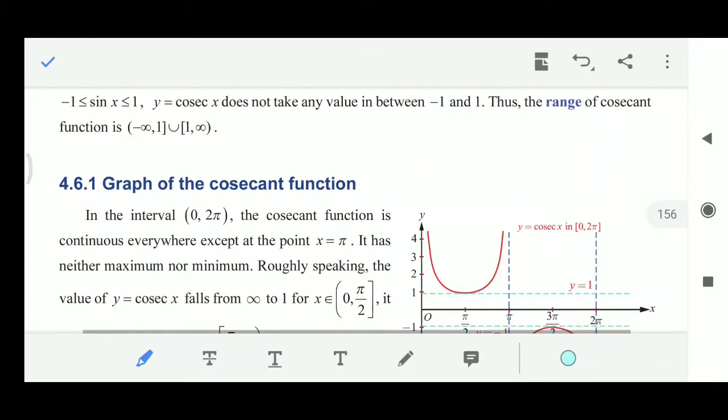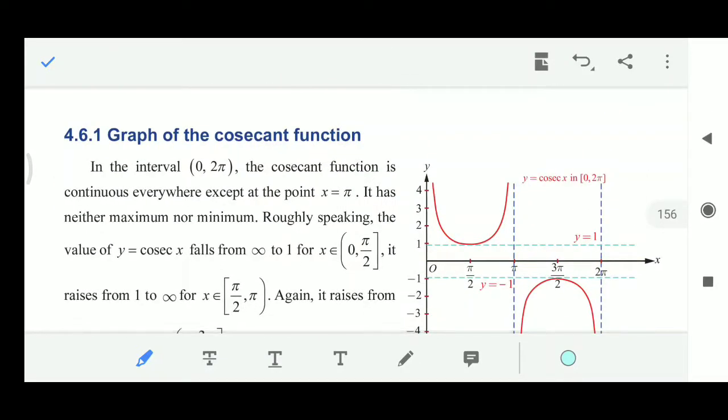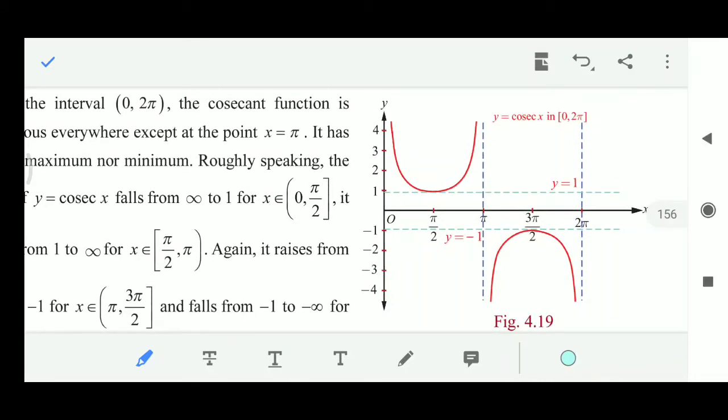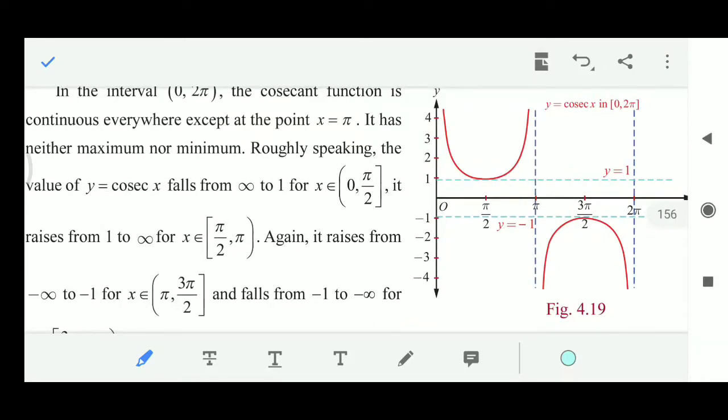In this, first we see the graph of cosecant function. The graph of cosecant function starts from 0 to pi by 2. Here it starts from infinity down to 1 for 0 to pi by 2, and for pi by 2 to pi it again rises from 1 to infinity.